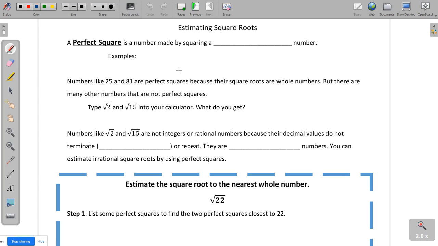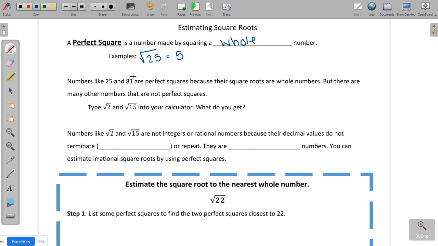So let's look at this. A perfect square is a number made by squaring a whole number. So the square root of 25 is 5 because we can take 5 and square it. 5 itself is a whole number. So numbers like 25 and 81 are perfect squares because their roots are whole numbers.